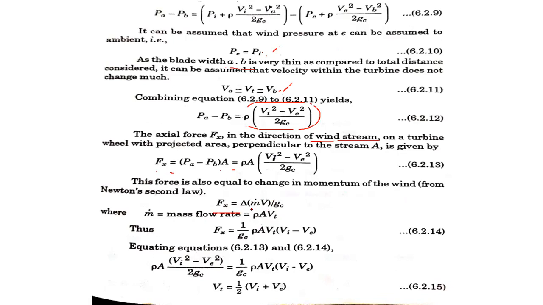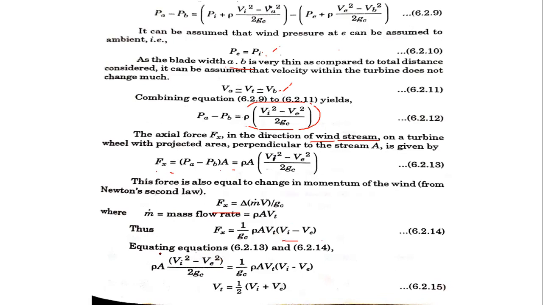Substituting the m value, 1 by gc as usual, in place of m we write rho A Vt, and here V is equal to Vi minus Ve, the difference of the velocities.